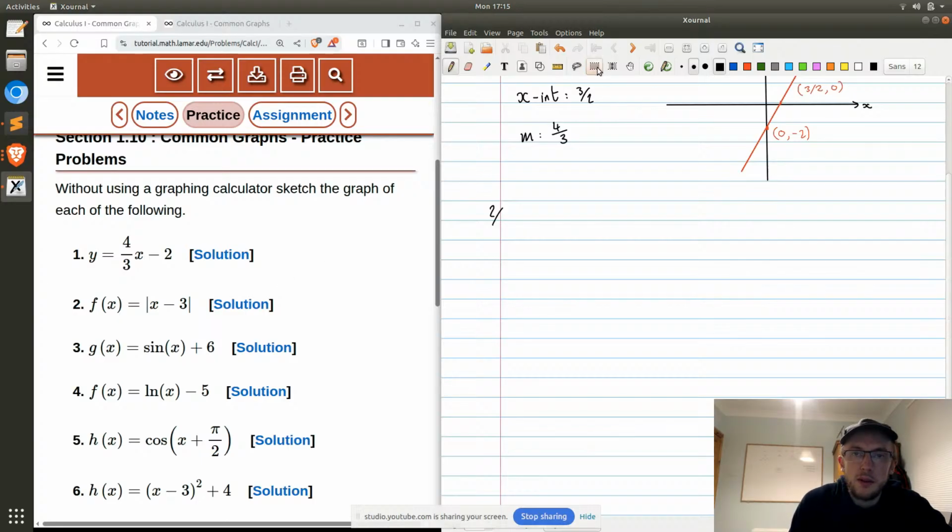Translate it 3 units to the right. And that means that the x-intercept is no longer the origin, but rather 3 itself. And as for the y-intercept, well, that would also be 3.